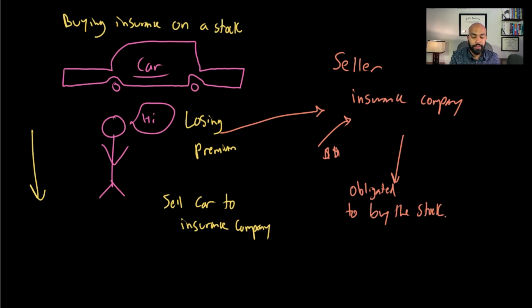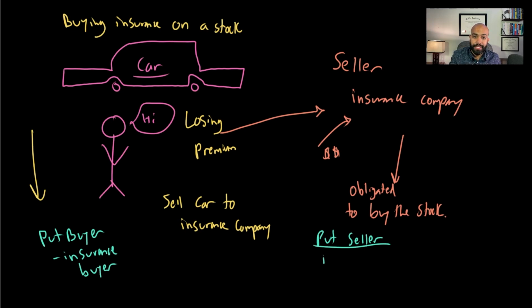So a great way to remember this is put buyer is insurance buyer, and the put seller is the insurance company. I know that was a lot of information, but I gave you those examples to help you keep the definitions straight between a call option versus a put option, the buyer versus the seller, buying a house versus buying insurance, and how it all interconnects.